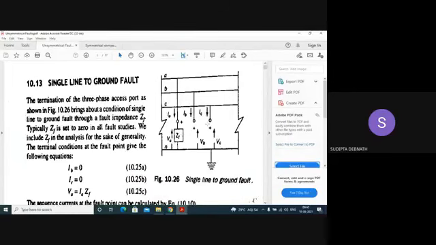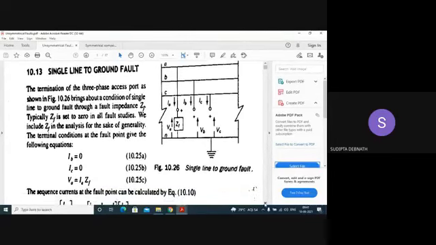We consider IB equal to 0, IC equal to 0, and IA will be the fault current. The terminal voltage VA will be equal to IA into ZF. These three equations you can easily write. Now we will express VA, IA and ZF in terms of sequence components.